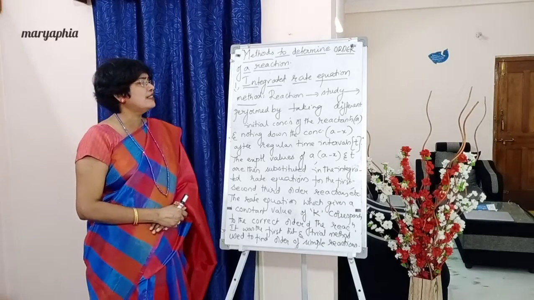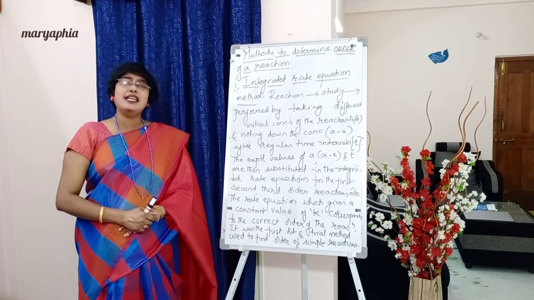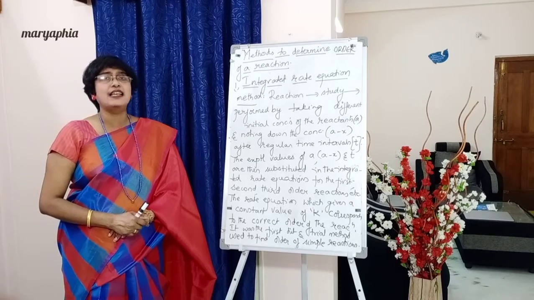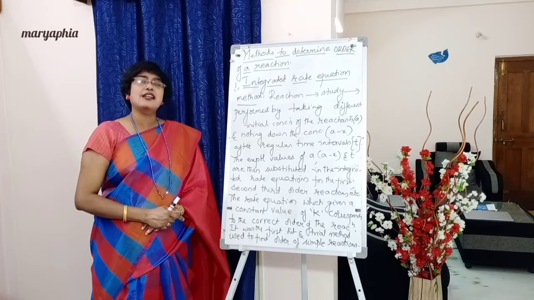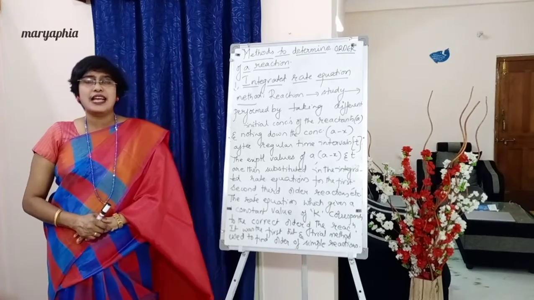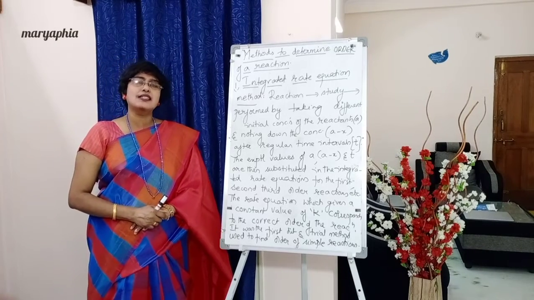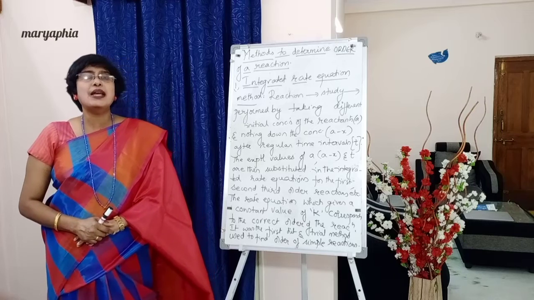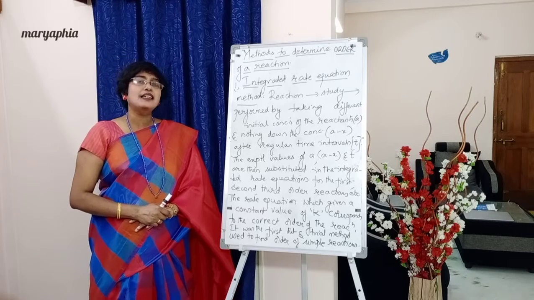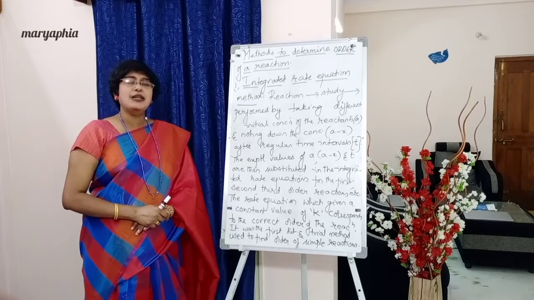Write down under this, students: the reaction under study or observation is performed by taking different initial concentrations of the reactants, brackets a, and noting down the remaining concentration, brackets a minus x, after regular intervals of time, brackets t. Regular time intervals, brackets t.